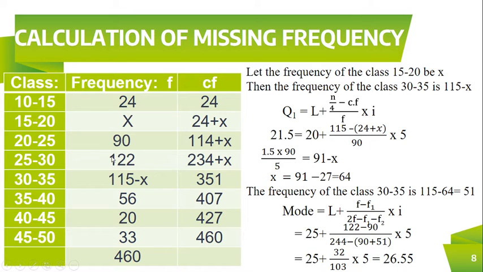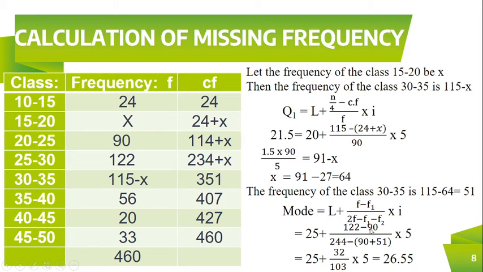The class interval with the maximum frequency is 122. So this is taken as the modal class. 25 to 30 is the modal class. So 25 is your L, plus the frequency of the modal class 122 minus the previous frequency, which is f1, 90, and the next frequency, which is f2, which is 51.